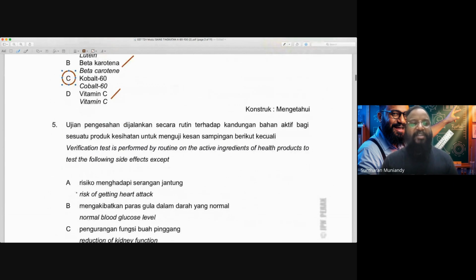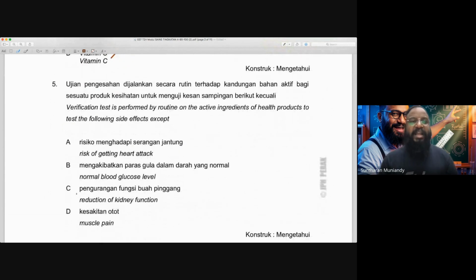Okay, number 5. Ujian pengesahan dijalankan secara rutin terhadap kandungan bahan aktif bagi sesuatu produk kesihatan untuk menguji kesan sampingan berikut kecuali.